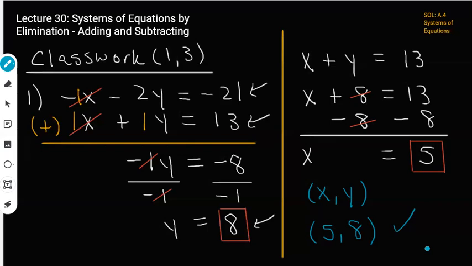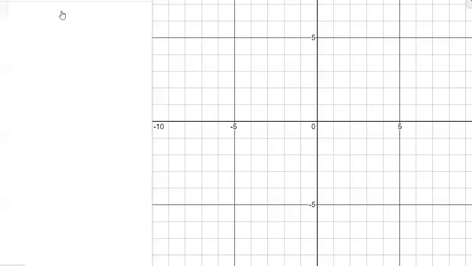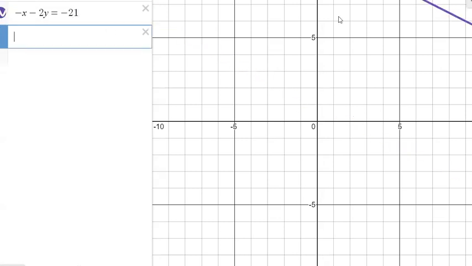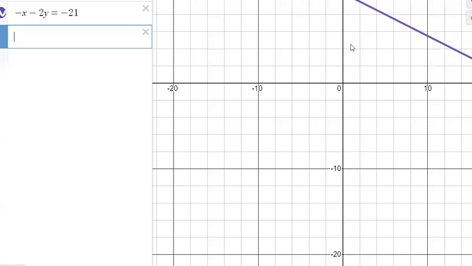Now, to check your answer, you can graph both of the equations and see where the lines cross. So I'm going to go to Desmos, and type in the top equation first. That was negative x minus 2y is equal to negative 21. I get that purple line that you see.